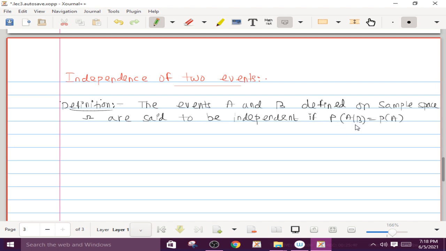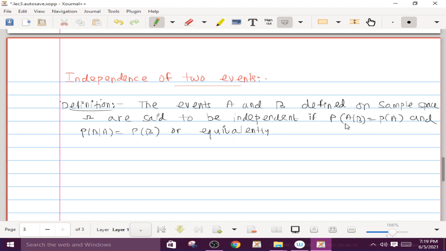Okay, it means occurrence of this event B is not having any impact on this occurrence of A. Okay, and similarly we can write it for probability of B given A, and probability of B given A is equals to probability of B, or equivalently we can define, okay.